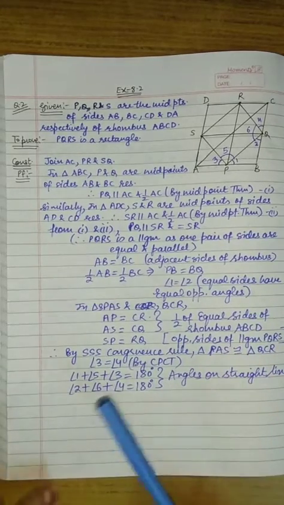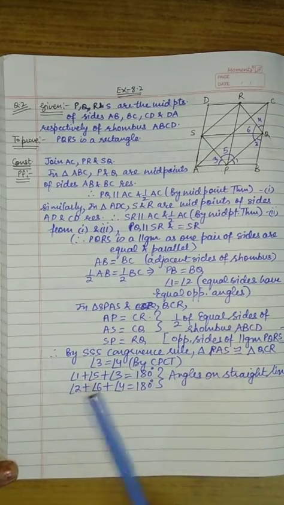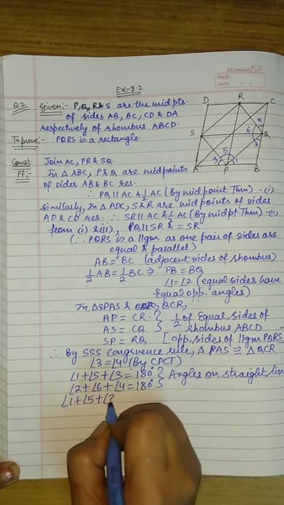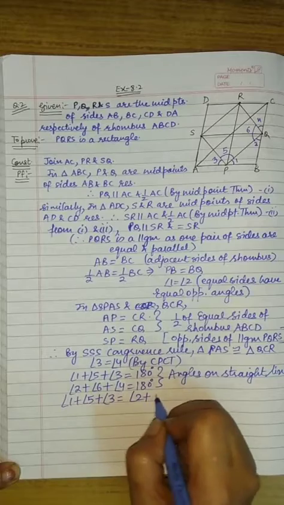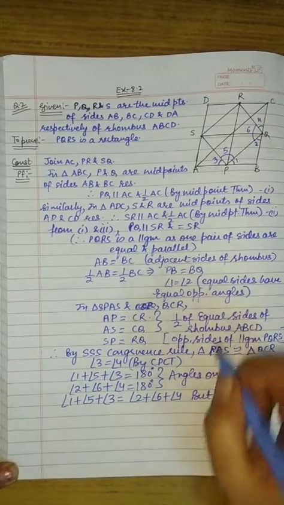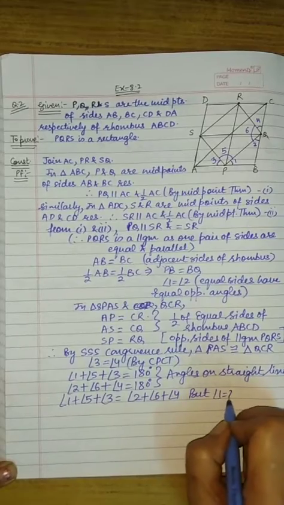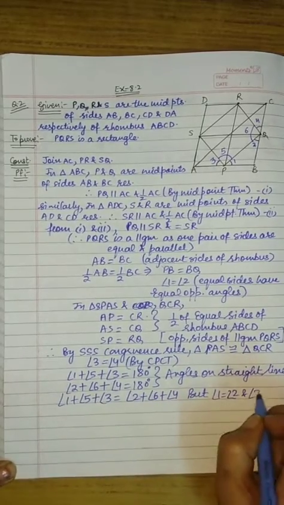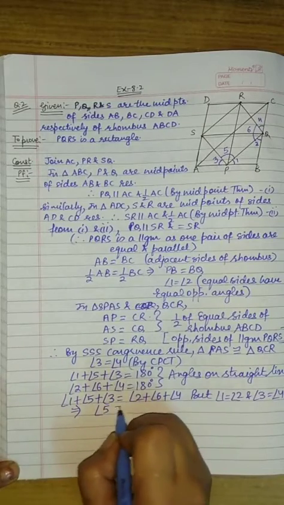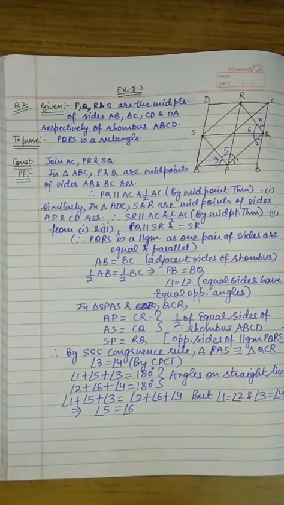Now right hand side is equal, so left hand side is also equal. So angle 1 plus angle 5 plus angle 3 is equal to angle 2 plus angle 6 plus angle 4. But already we have proved that angle 1 is equal to angle 2 and angle 3 is equal to angle 4. It implies angle 5 is equal to angle 6.